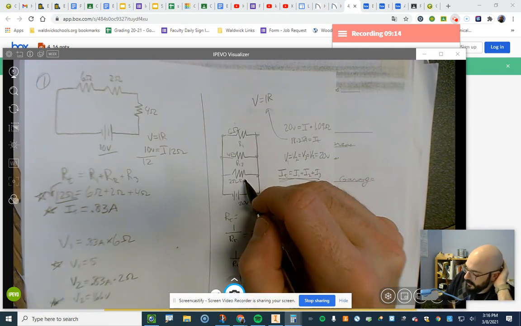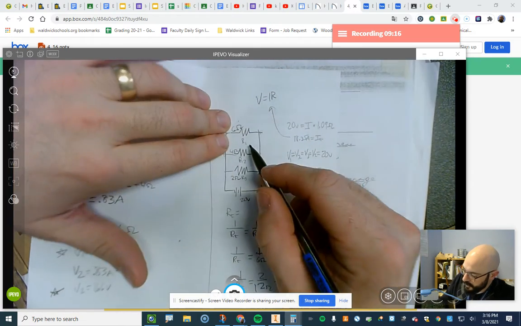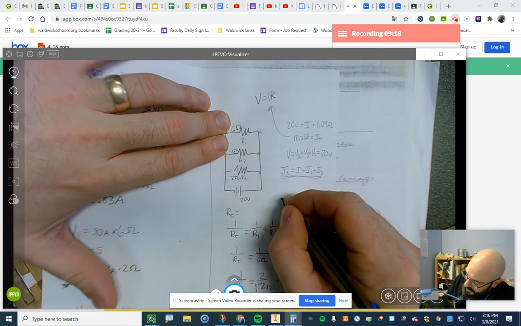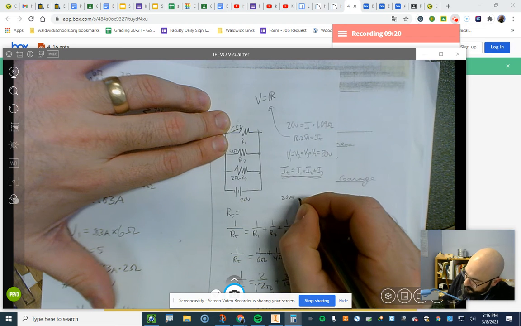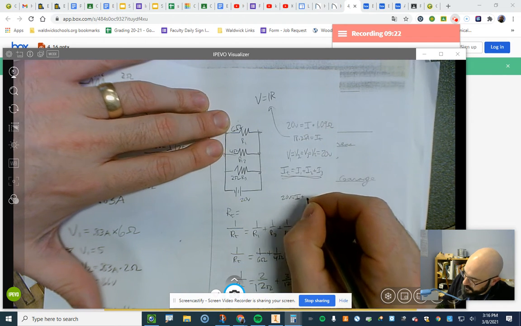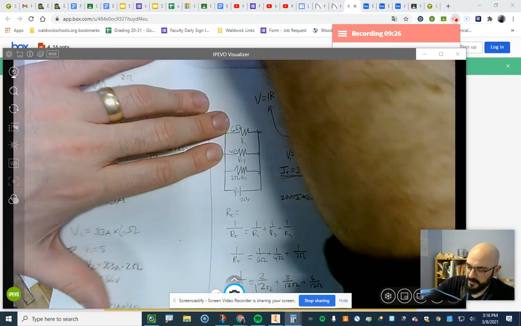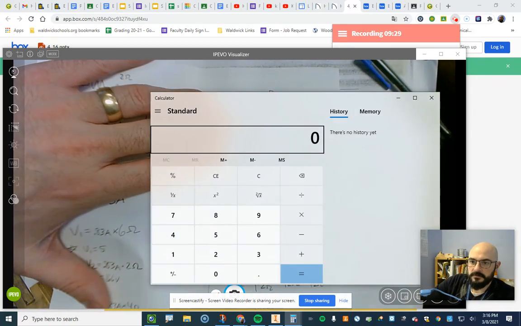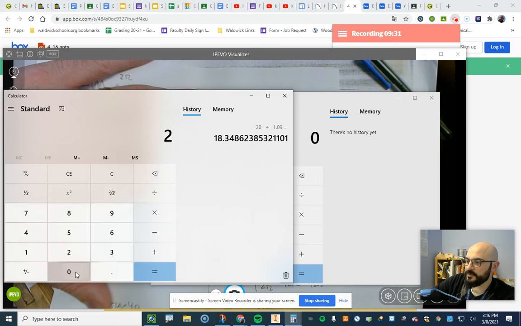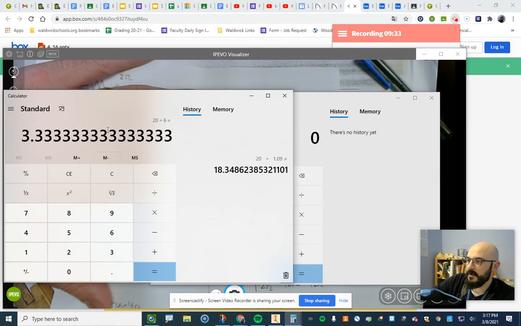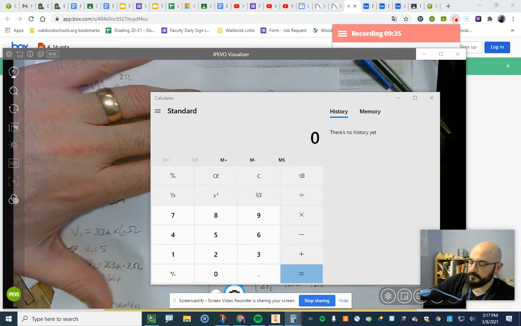But for resistor 1, so we have 20 volts equals I times 6 ohms. So 20 divided by 6. Boom. 20 divided by 6. 3 1/3.